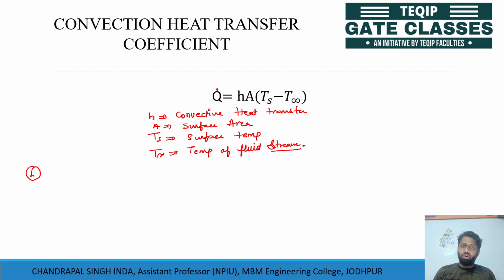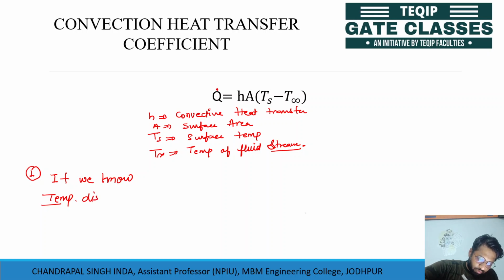If we know the temperature profile or temperature distribution in the normal direction to the surface, in that case we can find the value of the convective heat transfer coefficient.